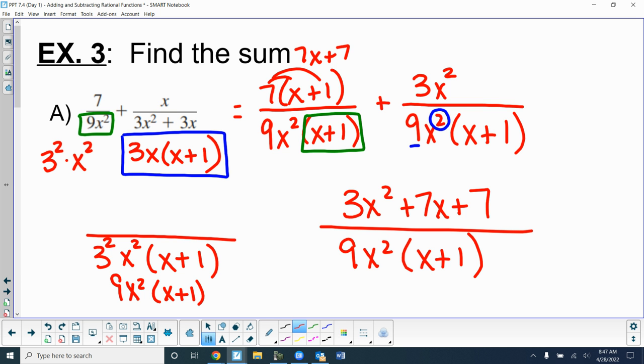Now, we're supposed to see if we can simplify that, just like we did before on yesterday's quiz. Number 5, you had to simplify a fraction. So, the bottom is already factored, but the top, we might be able to factor.